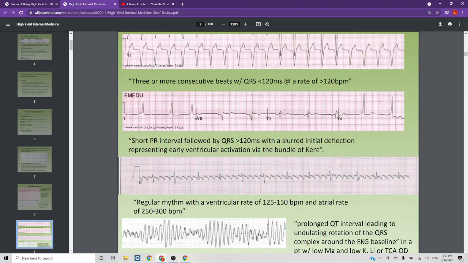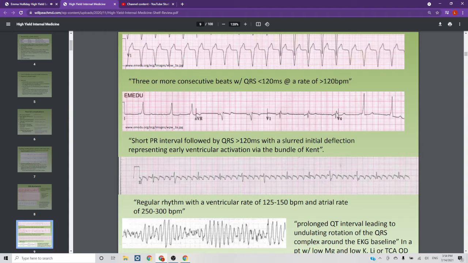So the second strip there, I don't know if you can see it. It's kind of small. You notice anything about this region right here? Can you convince yourself that that's a delta wave?